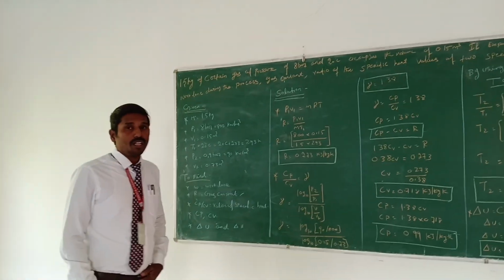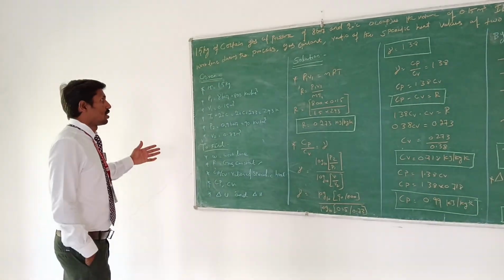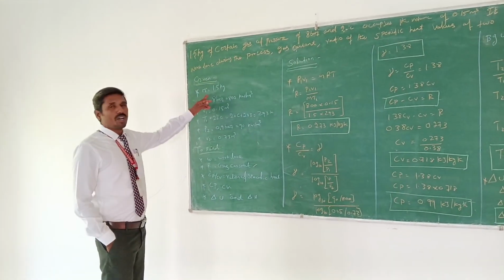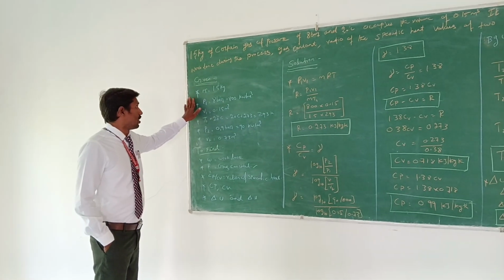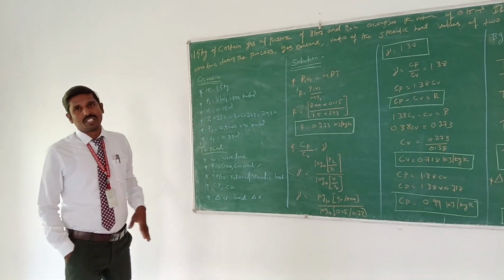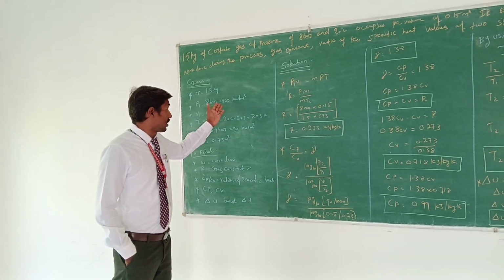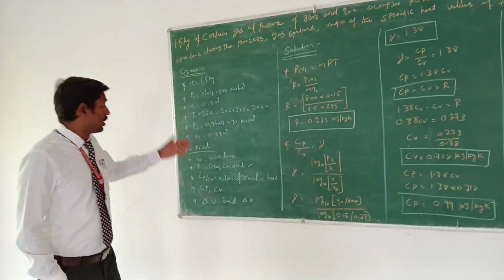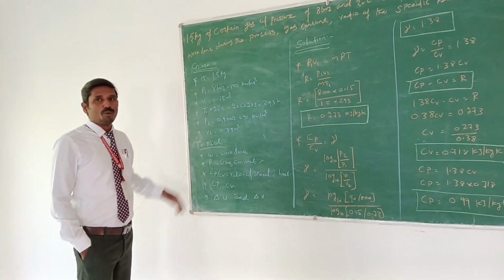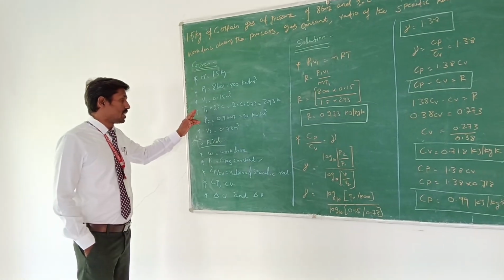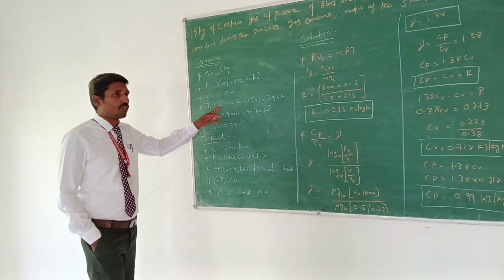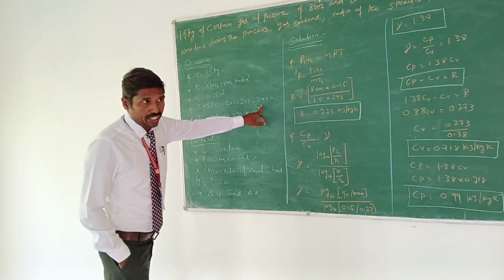These are the questions. Given data: mass m equal to 1.5 kg, initial pressure P1 equal to 8 bar, which is 800 kN per meter cube, initial volume is 0.15 meter cube, and initial temperature 20 degrees Celsius, converted to Kelvin, 293.